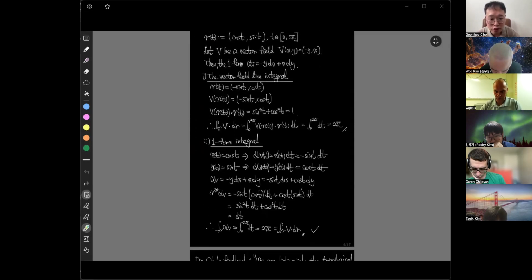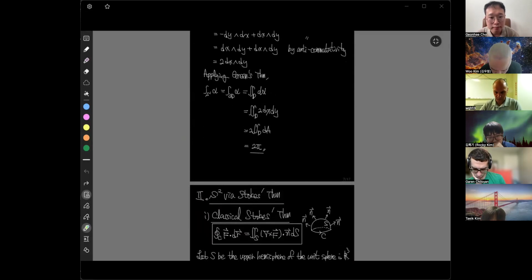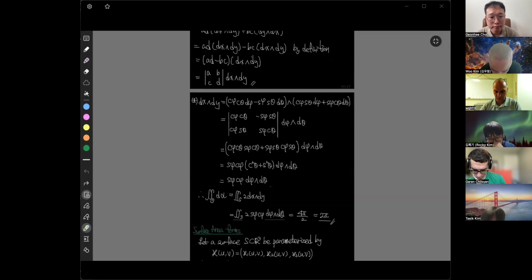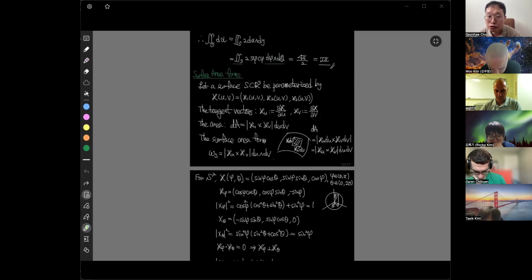Area form of S2. Product, and then yeah, here. So you can clearly see that we are using the cross product. This works because we rely on the setting being in R3.